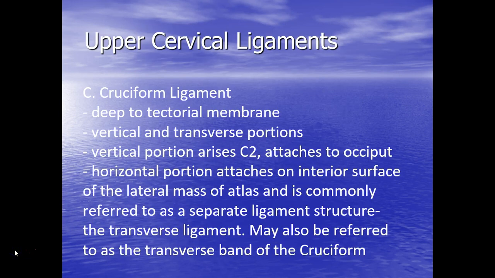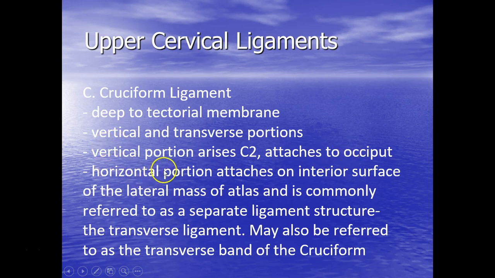The term cruciform means cross-shaped, which is exactly the structure of this ligament. This is the ligament that is found directly deep to the tectorial membrane in the upper cervical region, and it has both vertical and transverse portions. The vertical portions are much more slender and weaker, but they attach below to the posterior body of C2, and superiorly they attach to the basilar part of the occipital bone at the front of the foramen magnum.